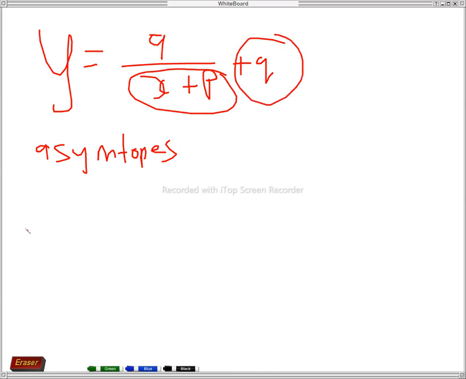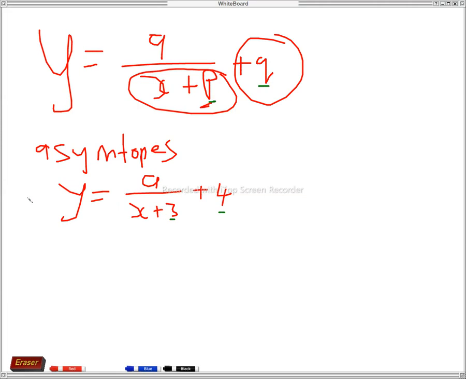Let me say I'm having an equation like this: y equals a over x plus 3, plus 4. I'm only putting values at p and q since I'm explaining the asymptotes. You can see now that the value of p is 3 and the value of q is 4.